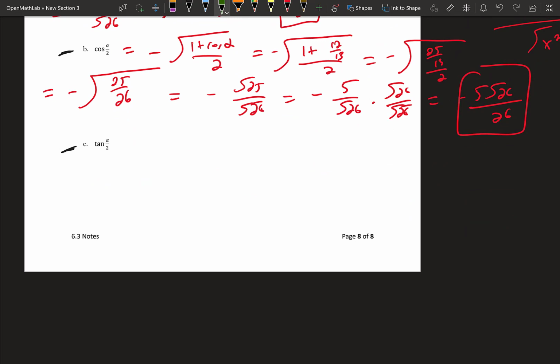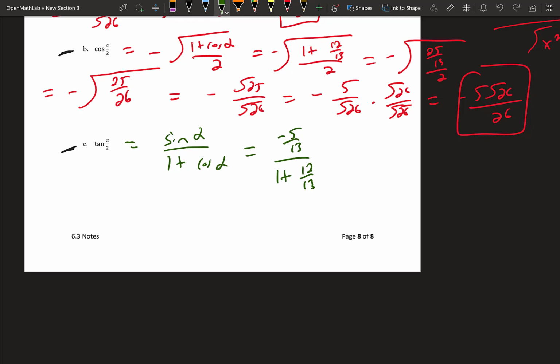Then the very last one here, tangent of alpha divided by 2. That's equal to sine of alpha divided by 1 plus cosine of alpha. There's no sign to worry about using this version, because sine alpha carries that sign. So this would be negative 5/13 all over 1 plus 12/13.